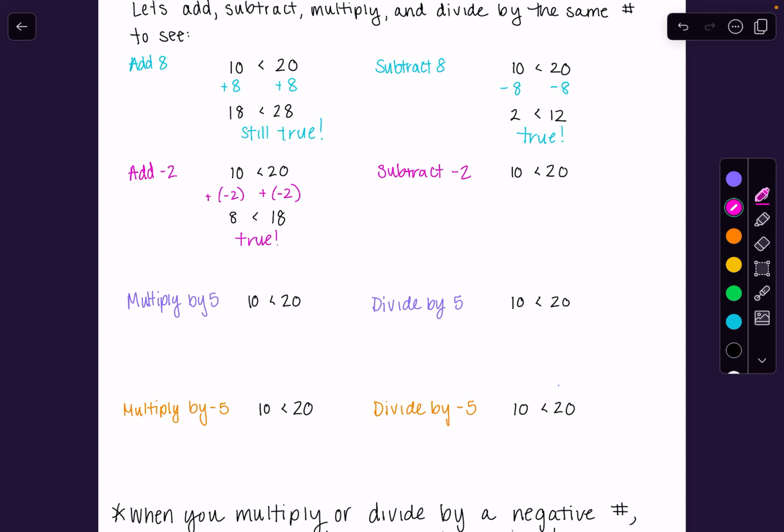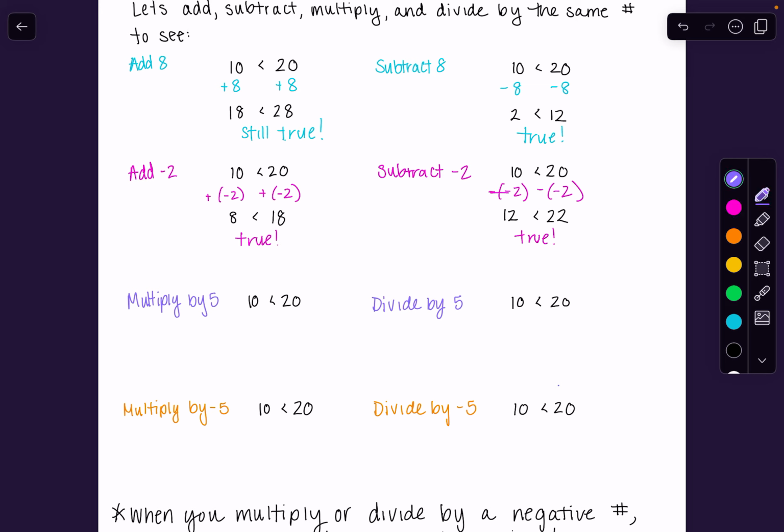If I subtract a negative number, so let's subtract negative 2 from both sides, 10 minus negative 2, remember minus minus turns into a plus. So this really gives us 12 is less than 22. So 20 plus 2 is 22. So still something that is true. Okay. So adding or subtracting a number is still going to be a tool that doesn't change the underlying meaning.